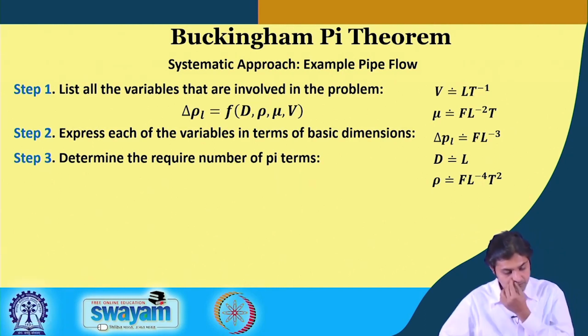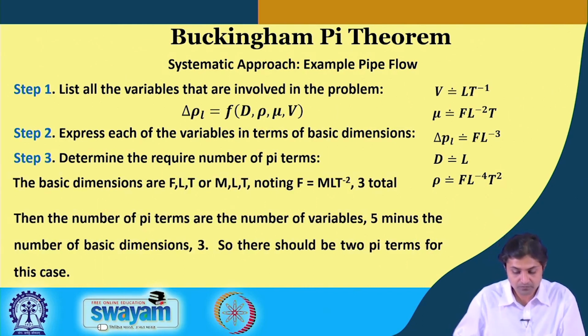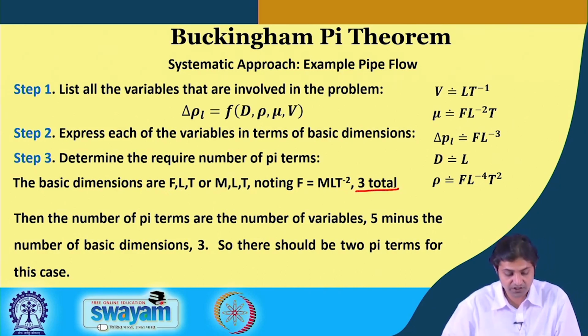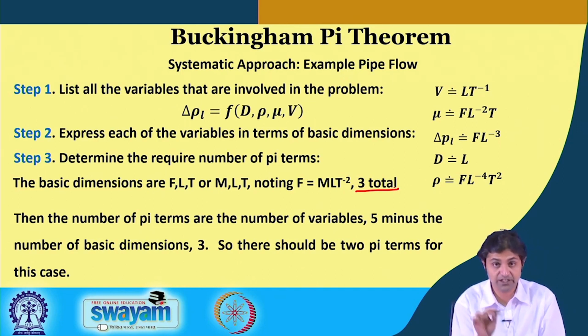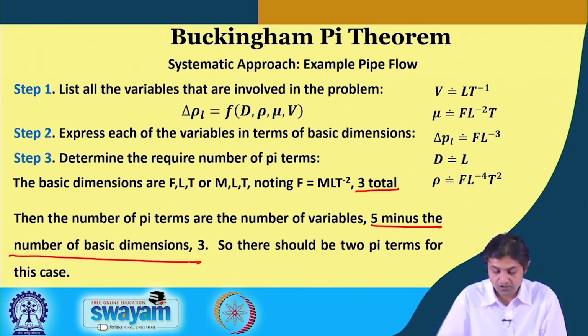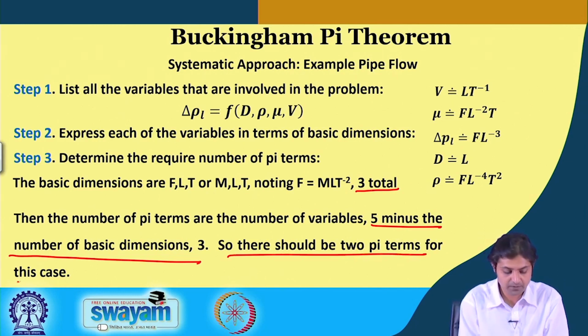So, step 3 says determine the required number of pi terms. In this particular case, the basic dimensions are F, L, T. So, basic dimensions are 3 in total, same thing I have written before. Then the number of pi terms is the number of variables 5 minus the number of basic dimensions 3. So, there should be 2 pi terms for this case.